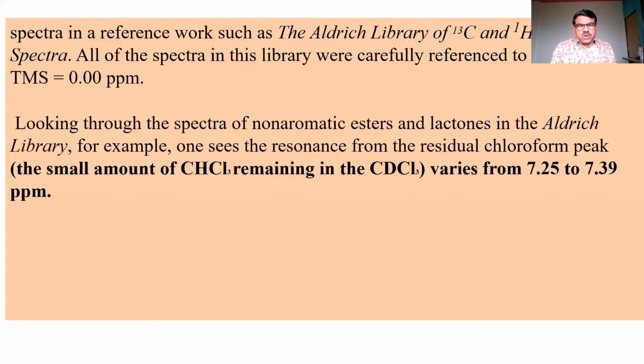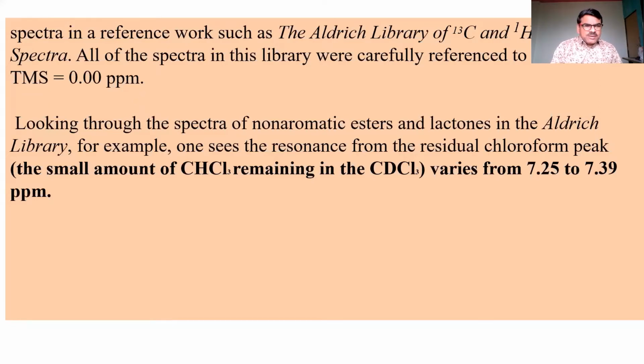Looking through the spectra of a non-aromatic ester, you know the ester, when it is connected to an organic aromatic ring, is called an aromatic ester. But when we take an ester which is not directly attached to the aromatic compound, then it is called a non-aromatic ester, and you can take a lactone as well.